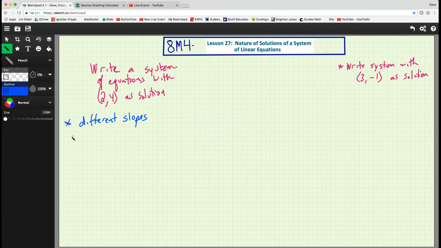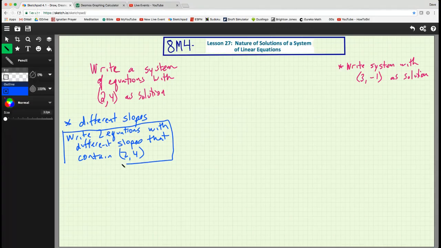So we have to write 2 equations with different slopes that contain 2, 4. And this is something you actually know how to do.